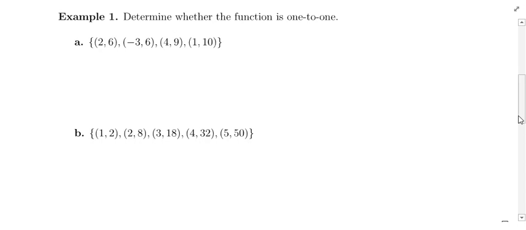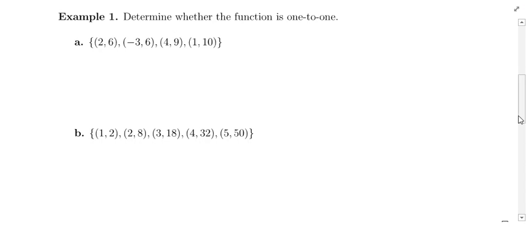The directions back then were determine whether or not this represents a function. Now we're told that what we've been given does represent a function, which you can confirm through drawing an arrow diagram. But we're going a step further. We're trying to figure out if this set of ordered pairs represents a one-to-one function.